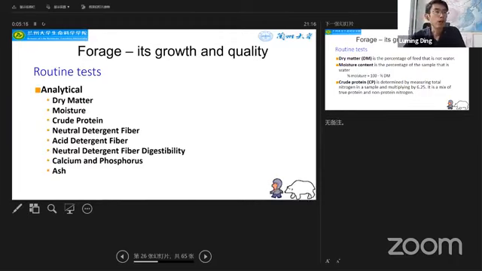There should be a list of analytical tests done to check the nutrients of the forage. It includes dry matter, moisture, crude protein, neutral detergent fiber, acid detergent fiber, neutral detergent fiber digestibility, calcium, phosphorus, and ash.